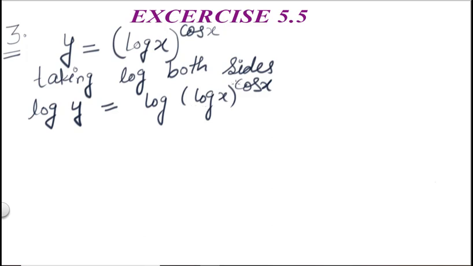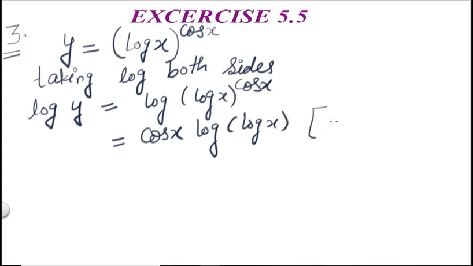Log of a to the power b is equal to b log of a. Correct? Whenever you are making such changes, you should mention the reason, that log of a to the power b is equal to b log of a. Clear?